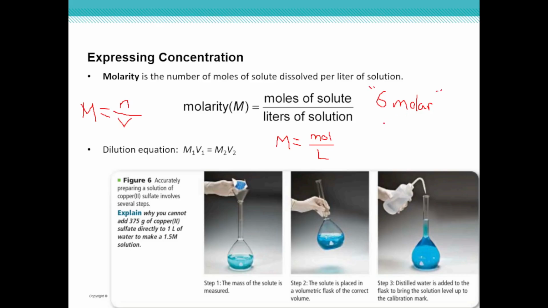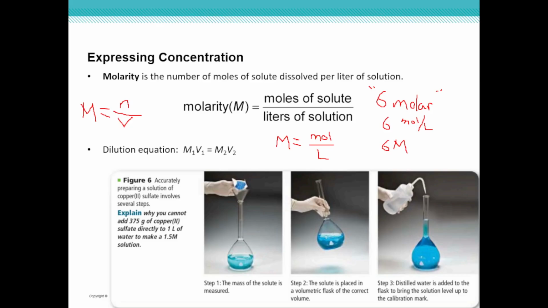What that actually means is 6 moles per liter. But oftentimes it's an acceptable shorthand to also just say 6 capital M. So all three of these mean the same thing. A 6 molar solution is 6 moles per liter, which is 6 capital M. The only true units would be that middle one, the moles per liter.